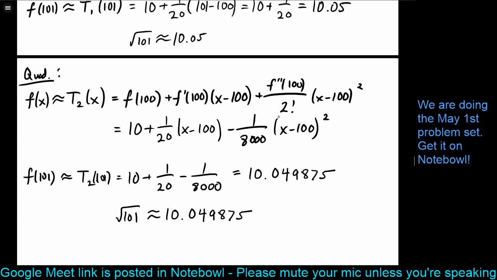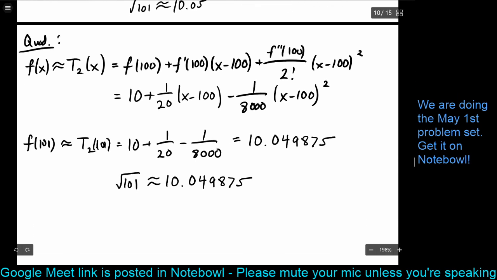You can approximate it with these easier to compute numbers. This is how, say, a computer will estimate some things for you.